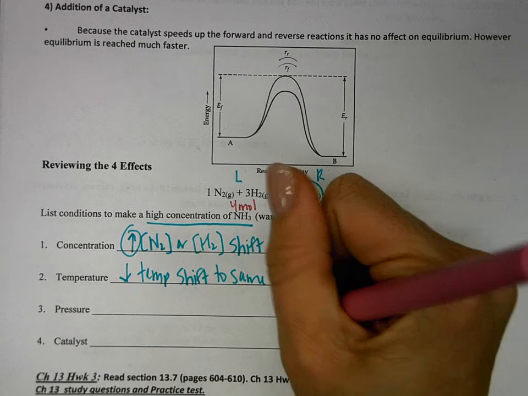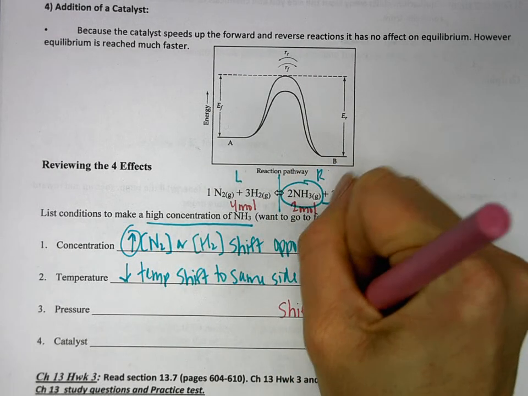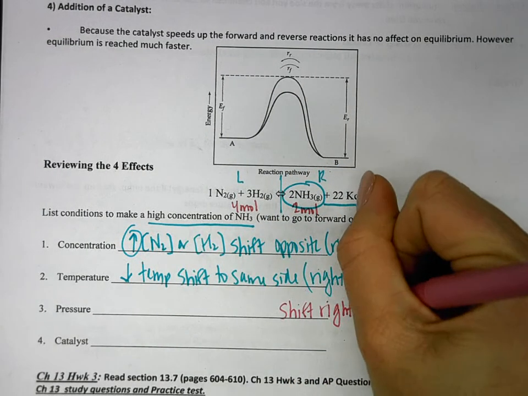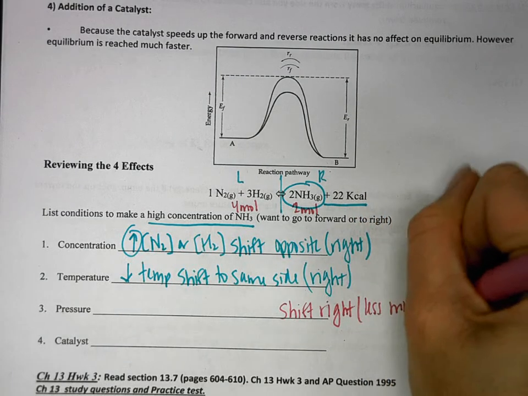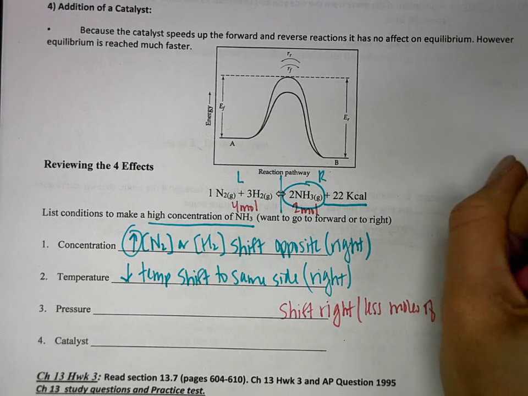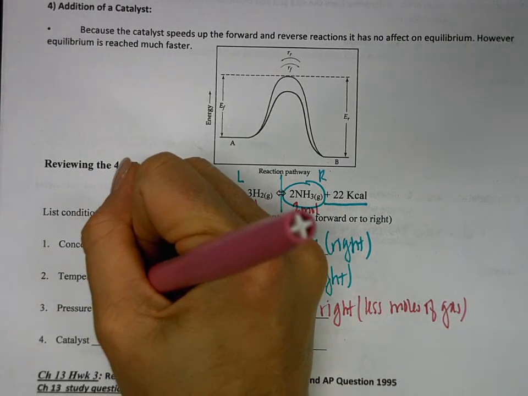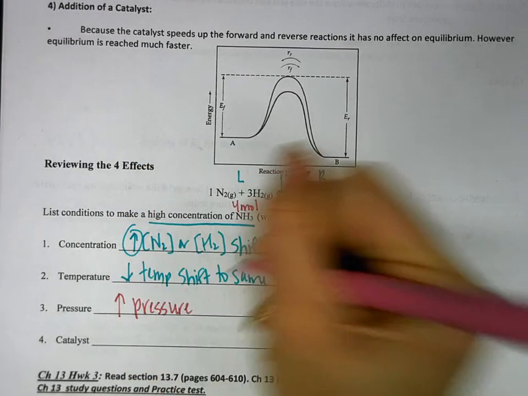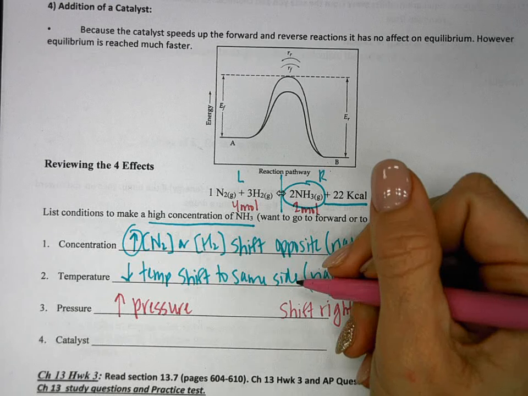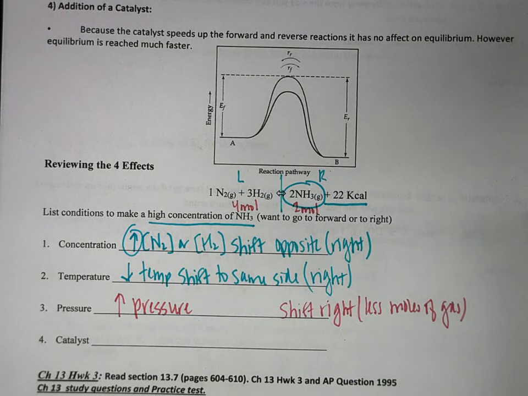So we want to shift to the right, which is the side that ends up with less moles of gas. How do we do that? We increase pressure. So we're going to increase pressure, which is going to end up causing that shift away from the side with more moles of gas or towards the side with less moles of gas.